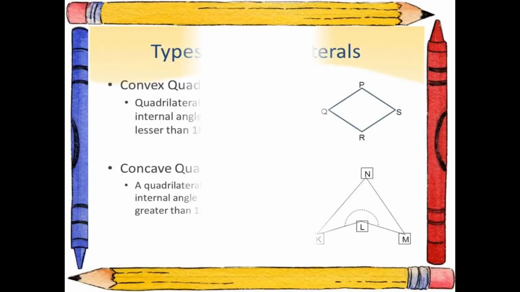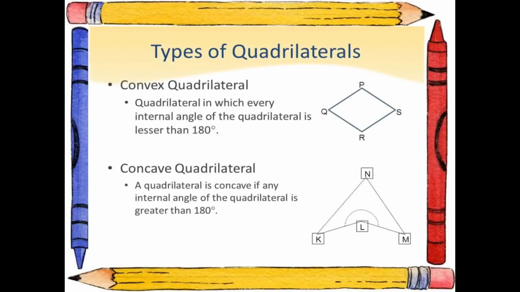Next topic is types of quadrilaterals, and the first is convex quadrilateral. It is a quadrilateral in which every internal angle is less than 180 degrees. Here PQRS is a convex quadrilateral.